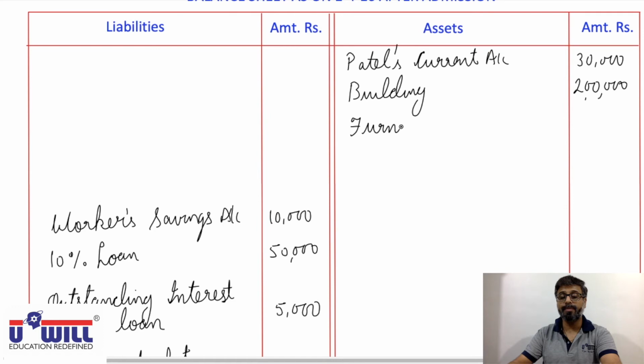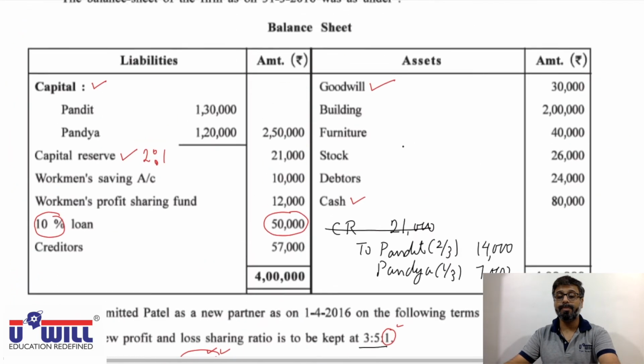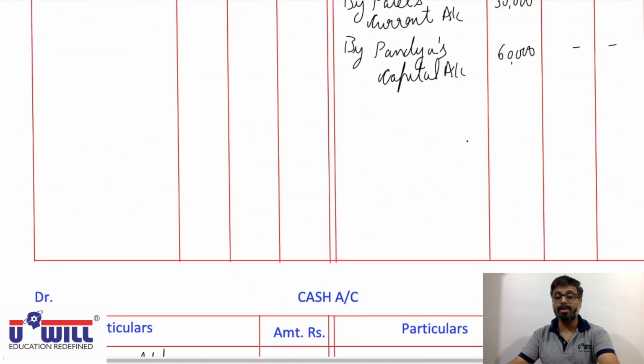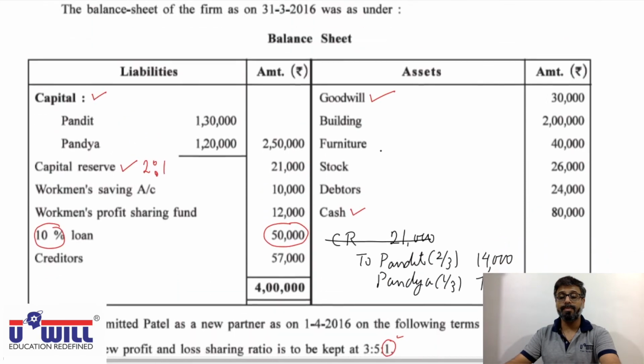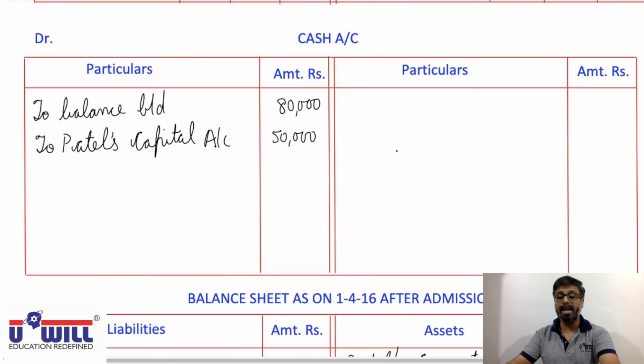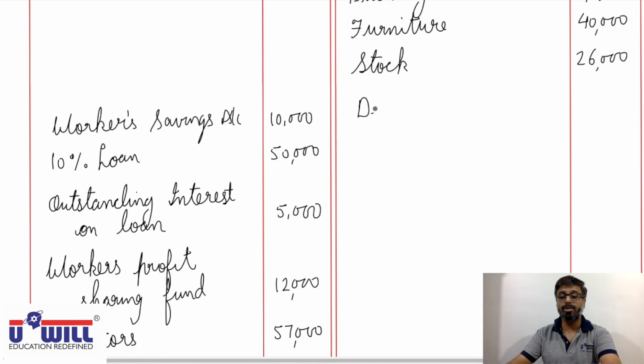After furniture, stock 26,000 as it is. After stock, debtors 24,000 as it is.